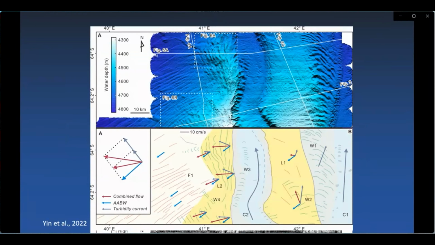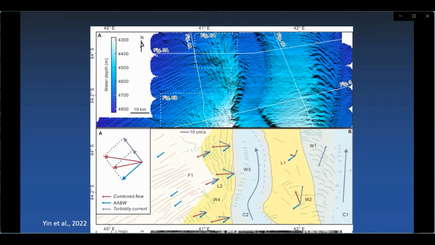For interpretation of this bed form formation, we cannot only use the current, because the current cannot explain the orientation of these overbank sediment waves and also the furrows. So we use a method similar to force analysis, that is the parallelogram rule, with two components.